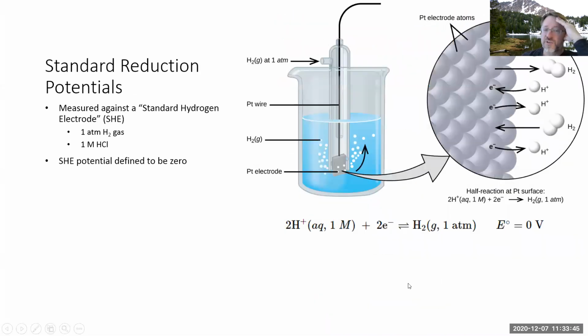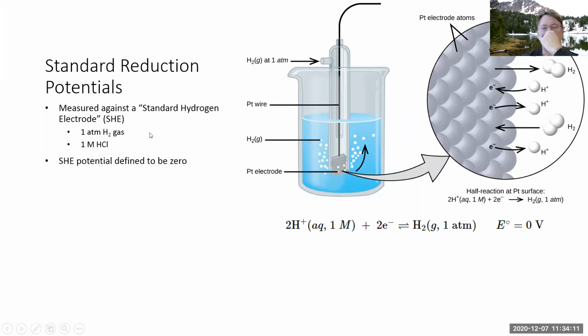Now, the particular electrode I just showed you, where we have the hydrogen gas, we have a platinum electrode, and we are having the reaction between H+ and forming H2, or vice versa. This is what is known as the standard hydrogen electrode, or the SHE.